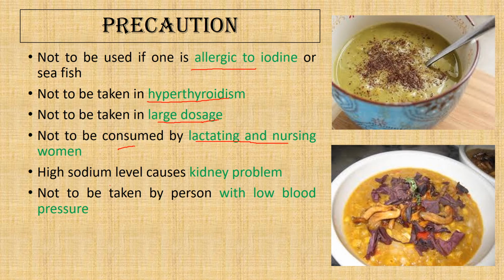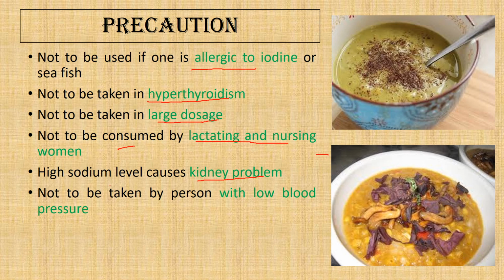At the same time, we know that it has a high amount of sodium, and this high amount of sodium can cause kidney problems, because whatever we eat, the filter in our body is the kidney. So high sodium caused by regular consumption of dulse can cause kidney problems.